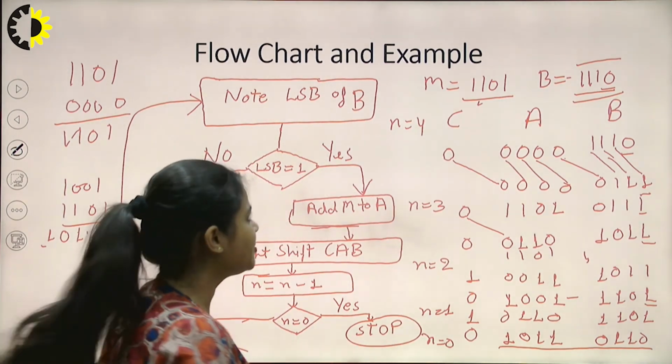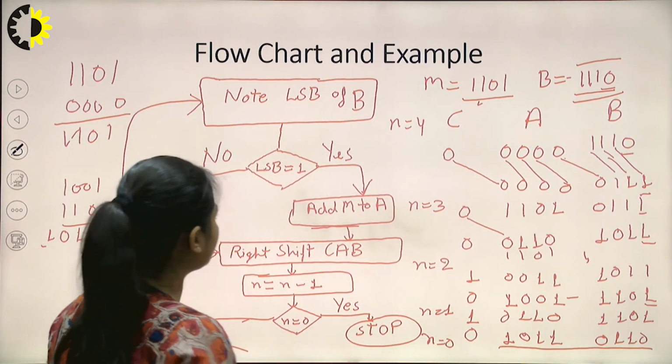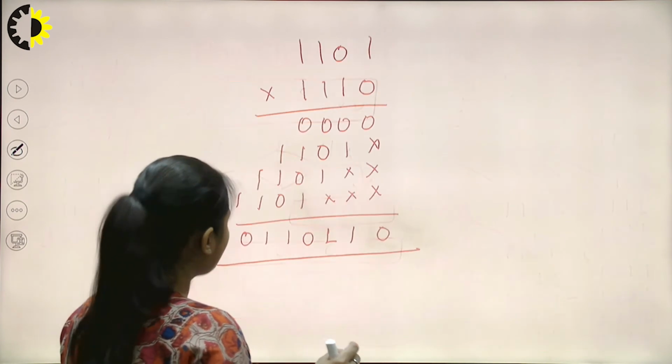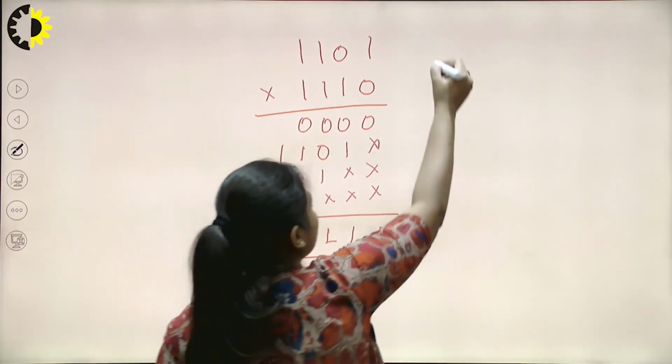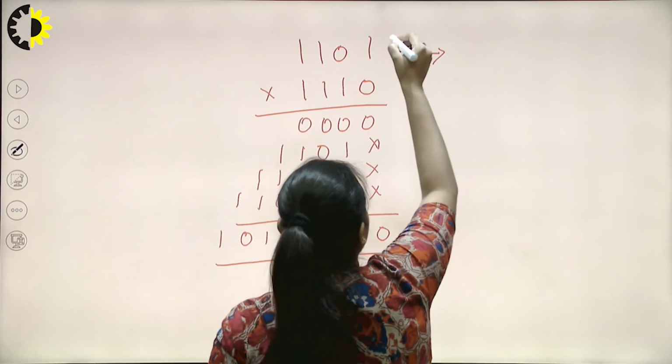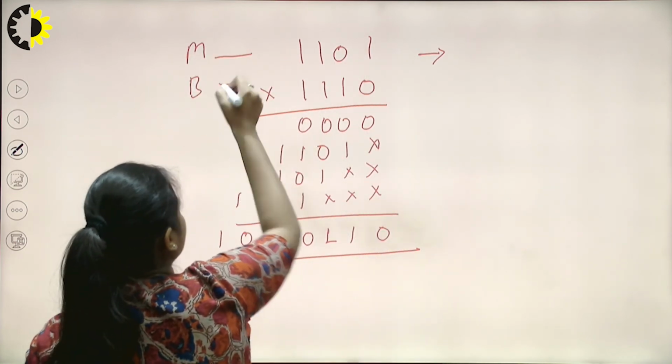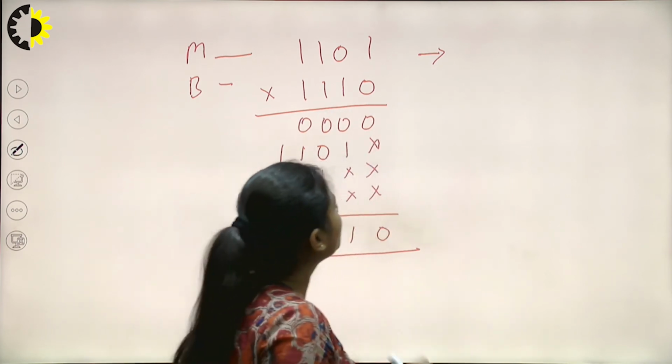the add shift method. So just for your quick revision, I just want to say a few steps. First of all, you need to understand, let's suppose this is our M and this is the B. You have to keep some quick points in your mind.